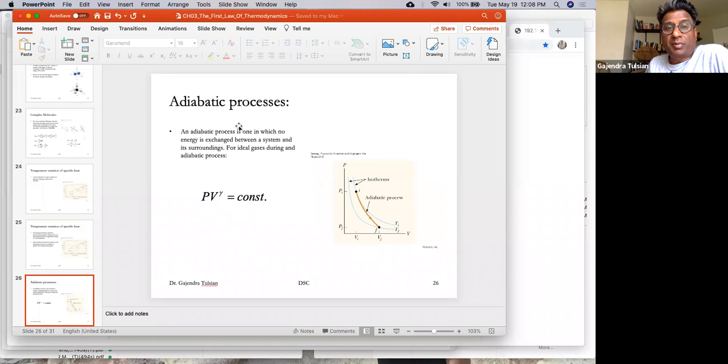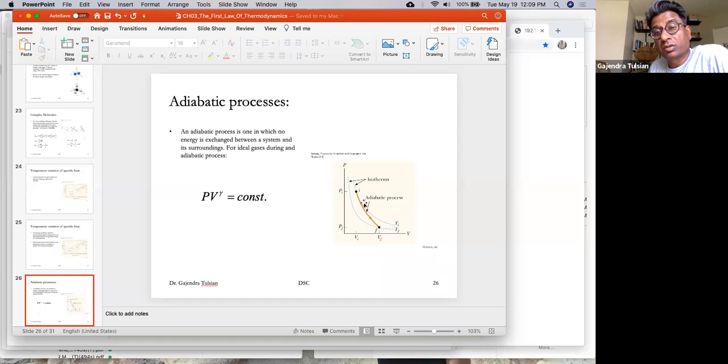For an adiabatic process, as I said before, PV to the power gamma is constant. Again, this is for an ideal gas. So here's an isotherm, the blue curve, and that is a higher temperature than this. If you go through an adiabatic process, you're not exchanging any heat with the environment.